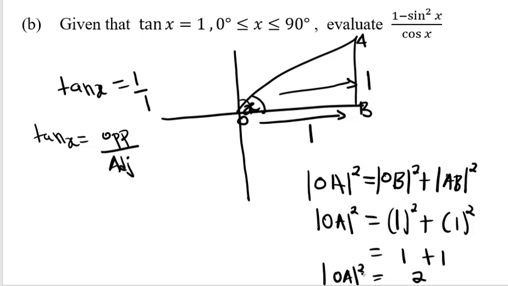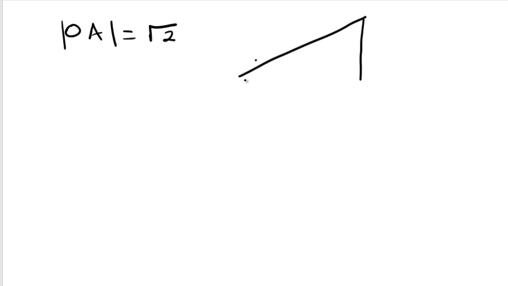So in this case, we need to take the square root of both sides. Therefore, our OA will be equal to square root of 2. So from our diagram, which is not drawn to scale, this side being our x, this side is root 2, this side is 1, and this side is also 1.